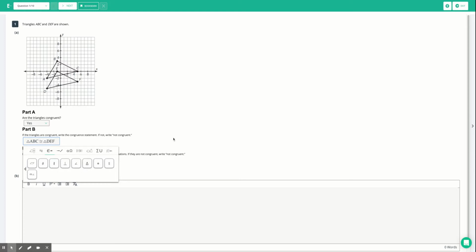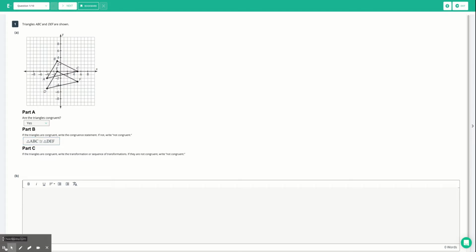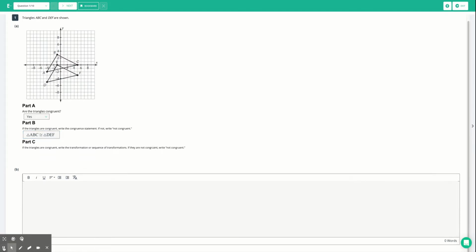And that is a congruency statement. So you're just naming the triangle the way that you should name it, which is in the order it was given. And then you put the congruency symbol in between.